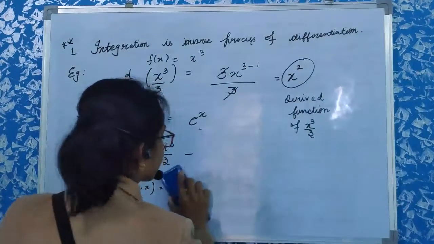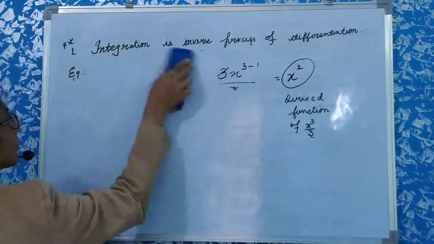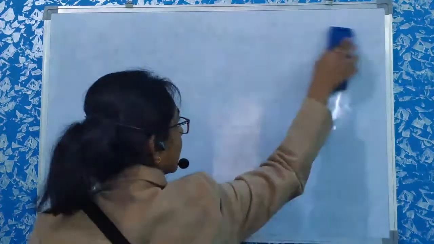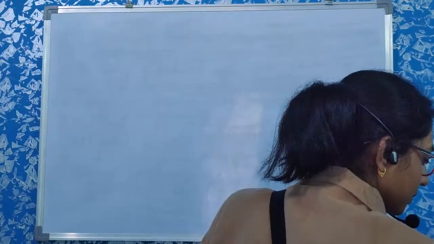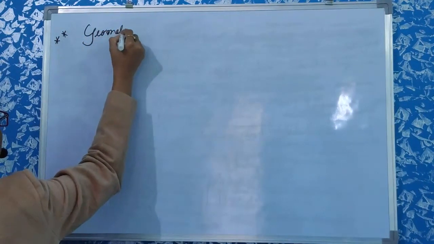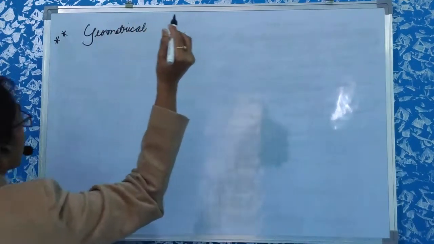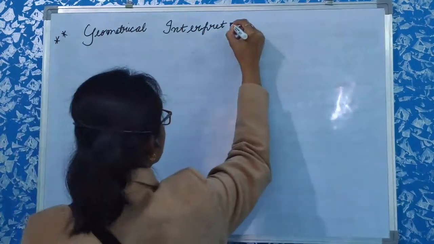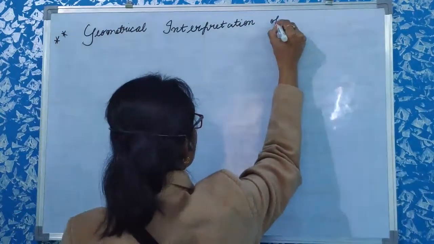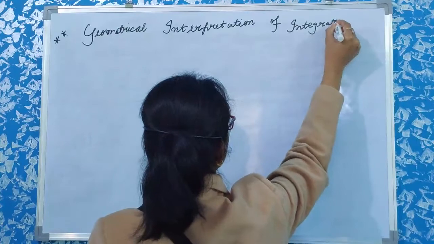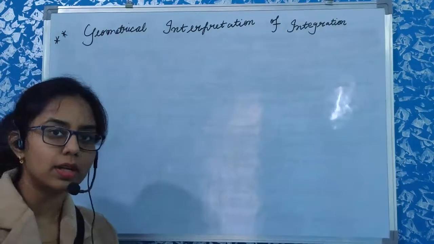So now we have the geometrical interpretation of integration. Now, what is a geometrical interpretation?